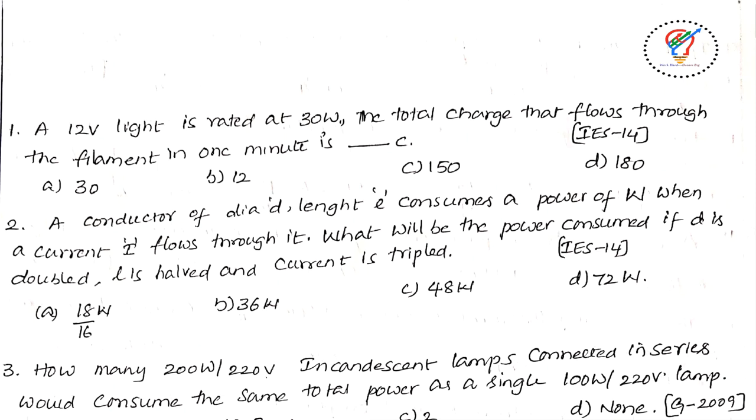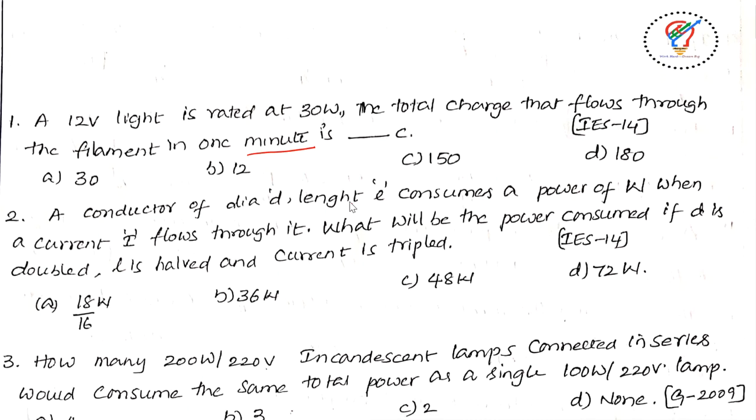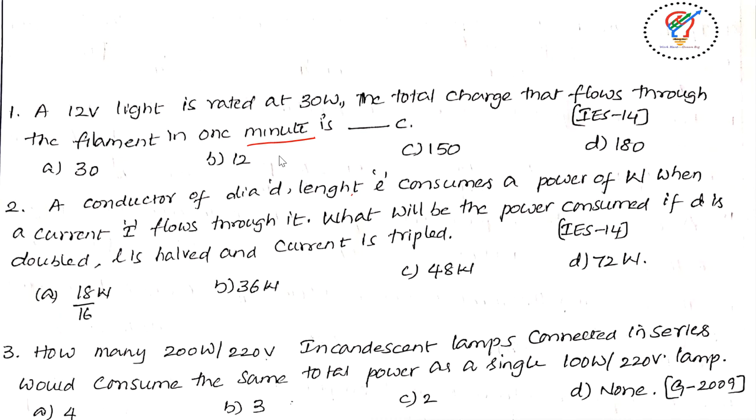The first question on the screen: a 12-volt light is rated at 30 watts. The total charge that flows through the filament in 1 minute is dash coulombs. Here in the question they ask to find the value of charge. We know the formula, charge can be written as current into time.